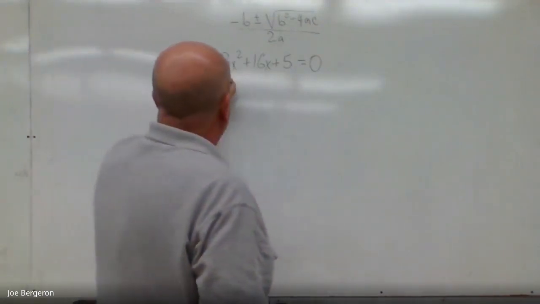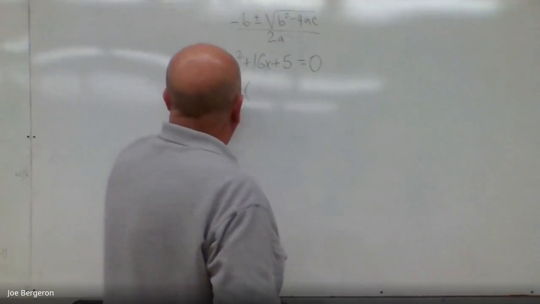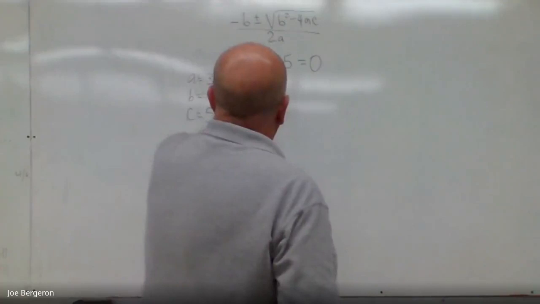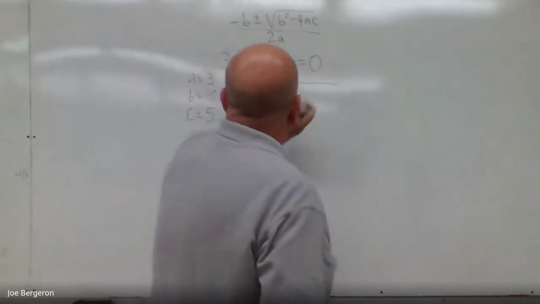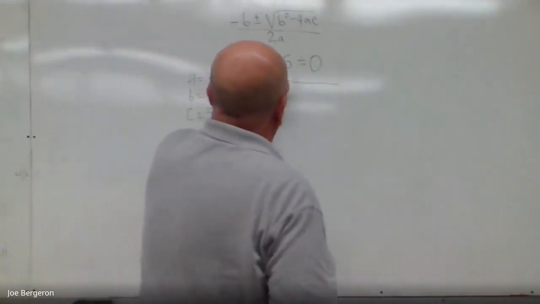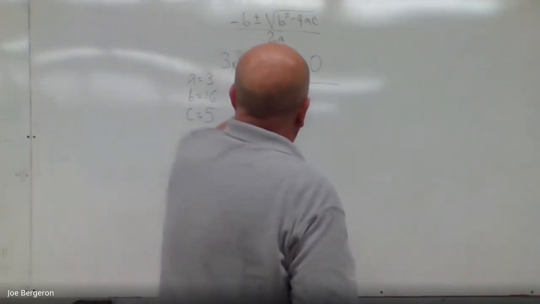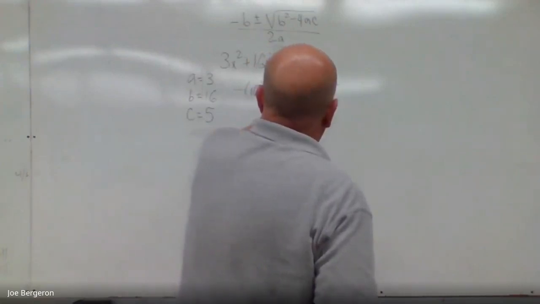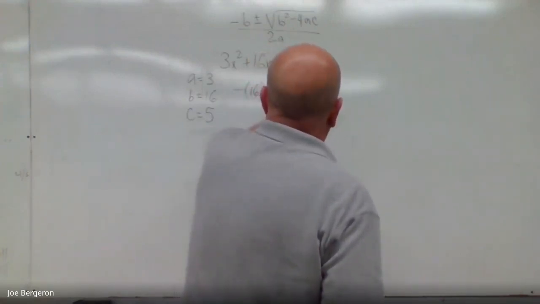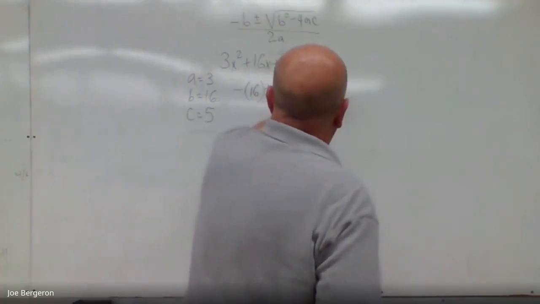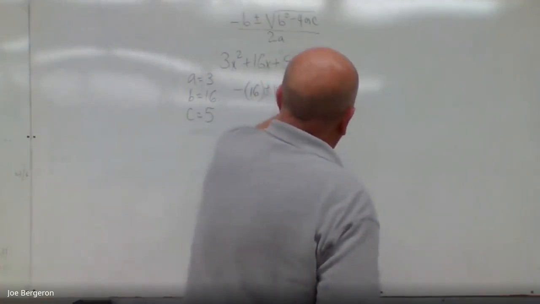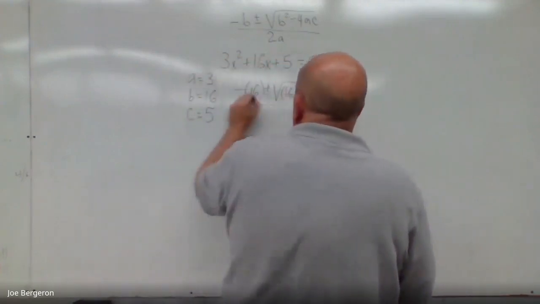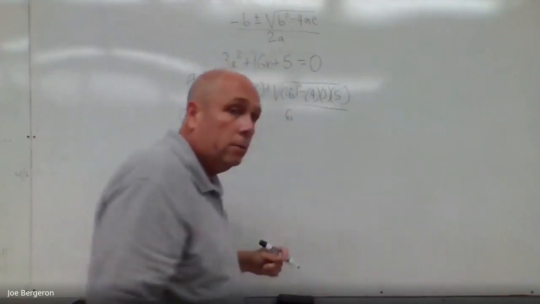So negative B, so negative, and in parentheses, we've got our B, plus or minus the square root of B squared, that's 16 squared, minus 4 in parentheses times A, which is 3, times C, which is 5. All over 2 times A, which is 6.